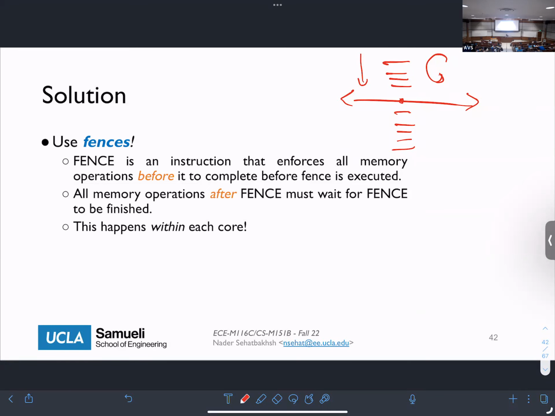And you cannot move things from this side of the fence to the other side of the fence, or vice versa. Okay? So this says that everything that happens after this fence instruction should happen after all the instructions before this fence. It's literally a fence. So things on those two separate sides are separate from each other.